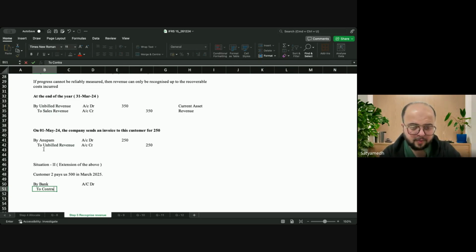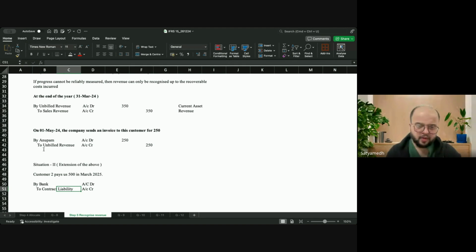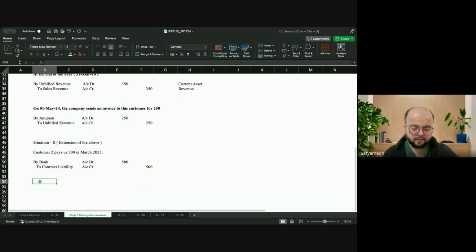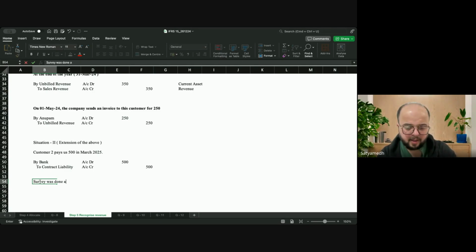you could also call it advance from customer, but here I'm calling it contract liability, to contract liability account credit. How much? 500. And a survey was done, and the percentage of work done was identified as 30%.